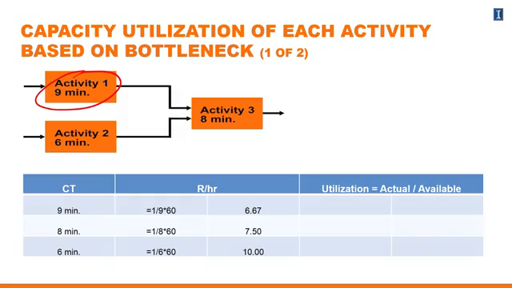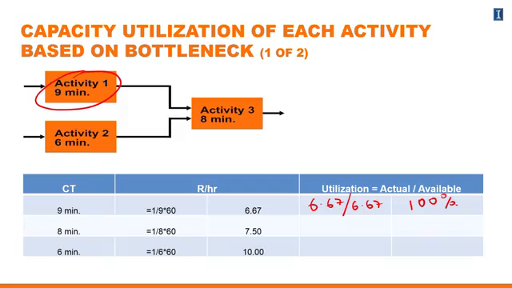So we'll calculate utilization for each activity based on that. The first one is going to be 6.67 being what we are making, and what we can do in this case is 6.67 as well, because it's the bottleneck task. So the bottleneck task is going to be working at 100% capacity utilization in this case.